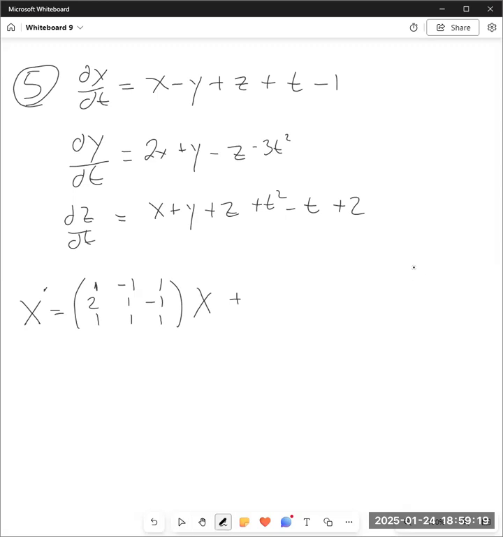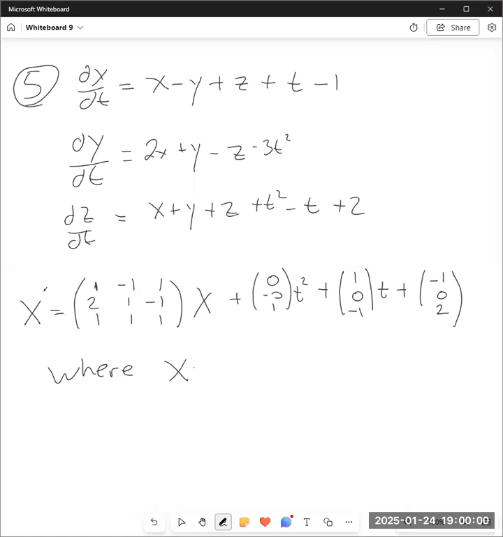So we have 0, negative 3, 1, times t squared, and then we have our t pieces, 1, 0, negative 1, times t, and then we have our constant pieces, negative 1, 0, 2, where my capital X is equal to x, y, z.